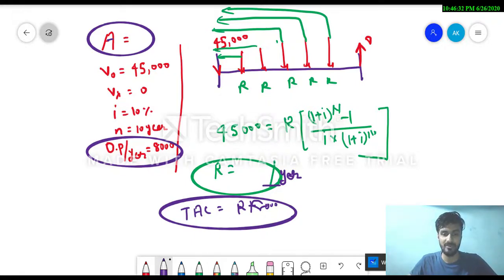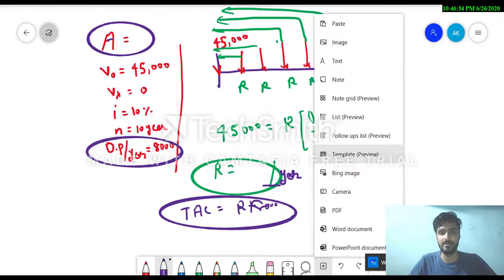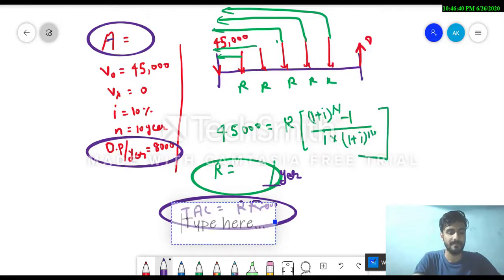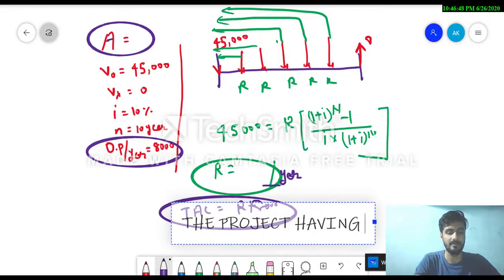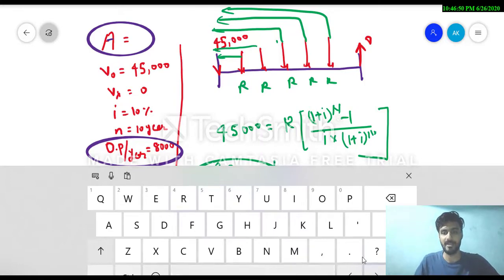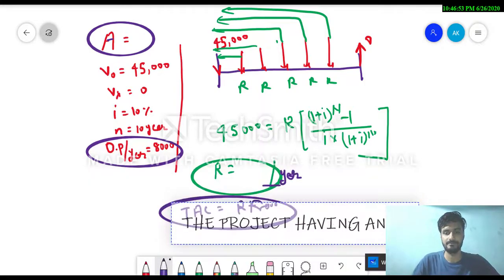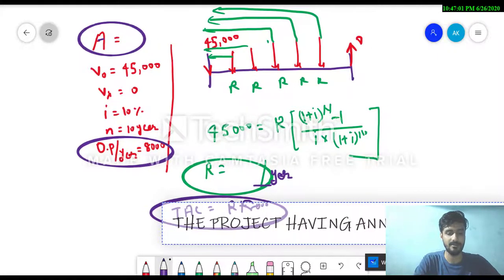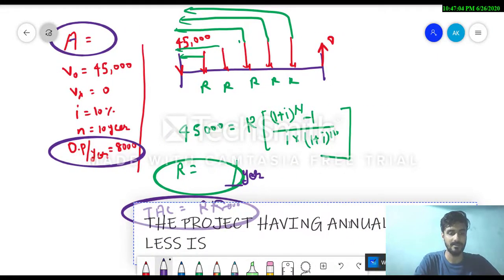So here I am going to write one note for you: the project having less annual cost is more attractive.